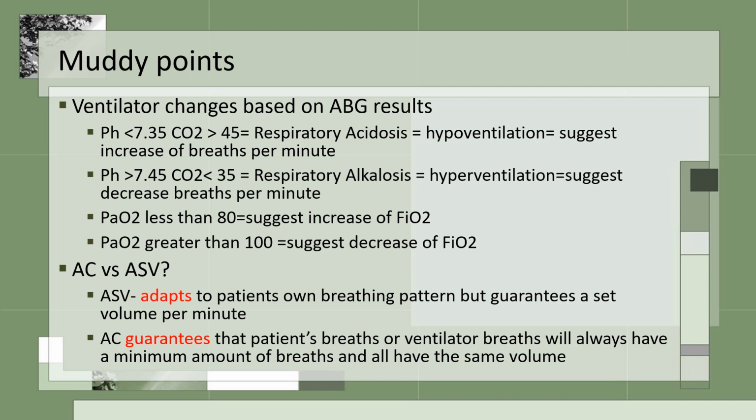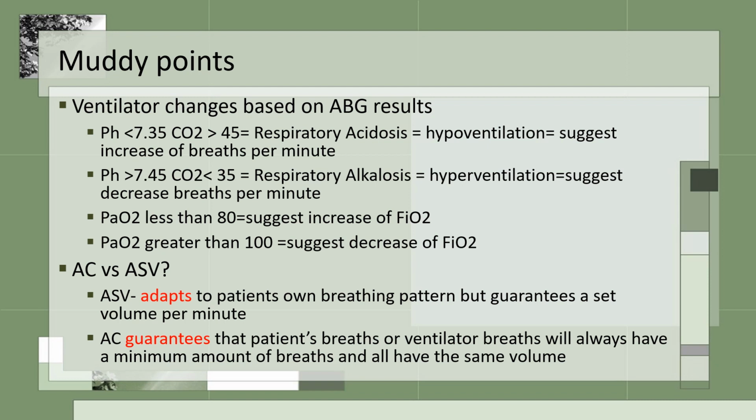Really quick, hopefully you just have to memorize that page in the notes about the different ventilator settings. They are confusing. Try to highlight the same things and highlight the differences and try to memorize it that way. But the big difference between AC and ASV: ASV adapts, that's in the name, right? It adapts to the patient's own breathing pattern, but it guarantees a set volume per minute.